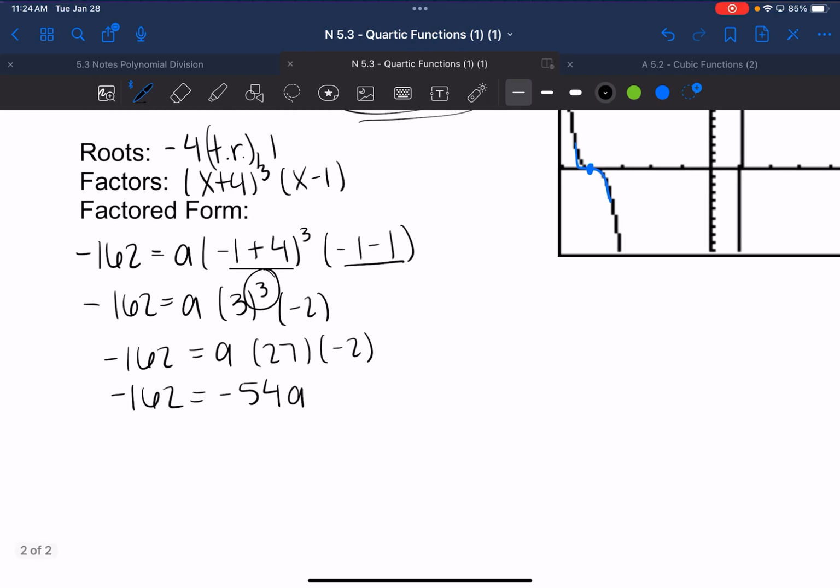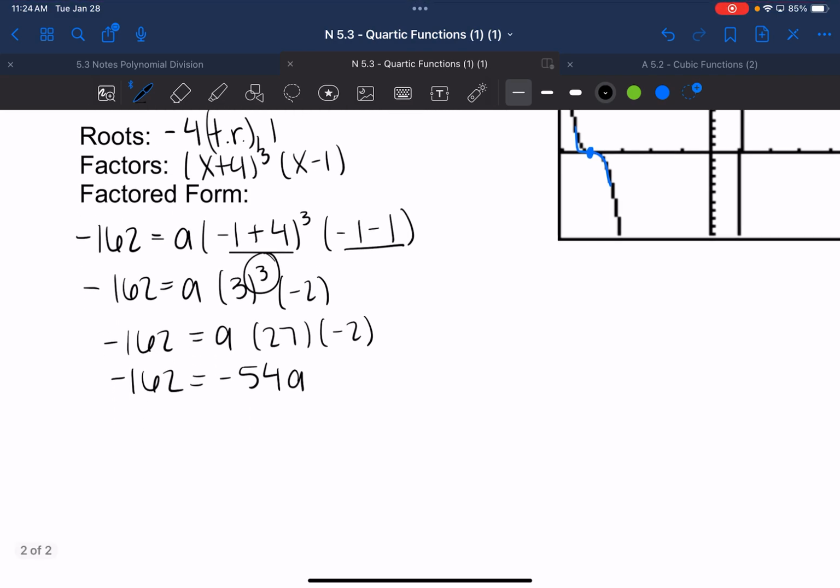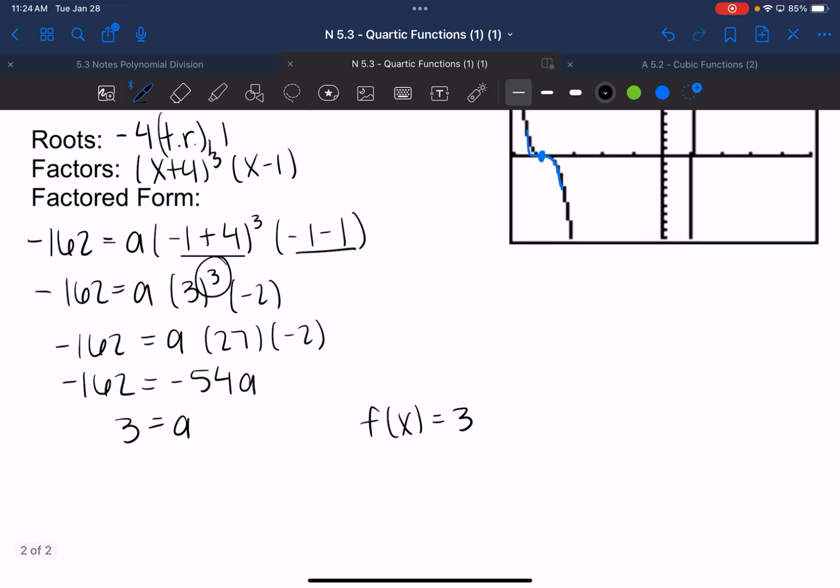And then we had to divide. And we end up getting that our a value is 3. Makes sense because in our picture, both ends do point up. So our final equation has that a value of 3 followed by our factors, x plus 4 cubed and x minus 1.